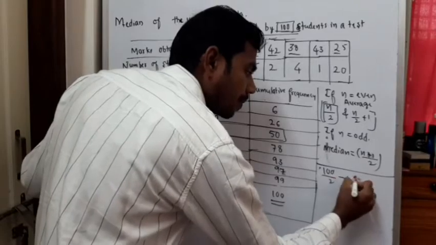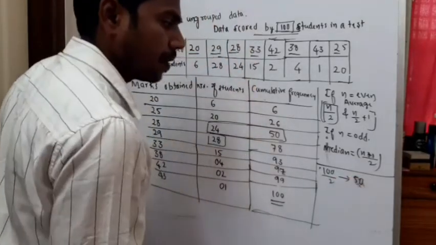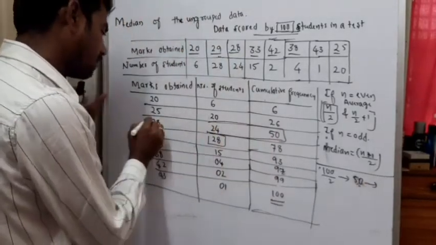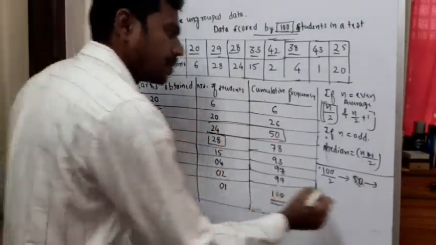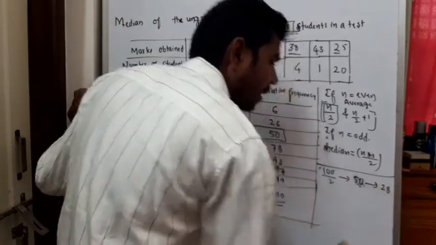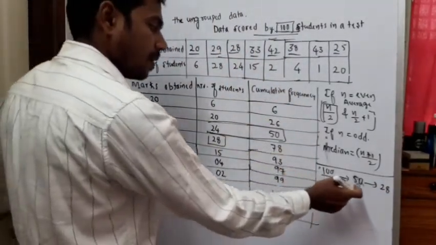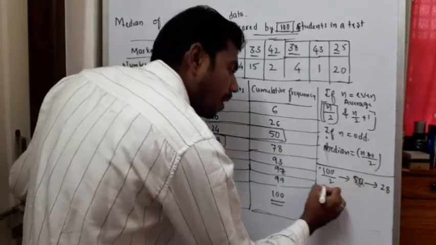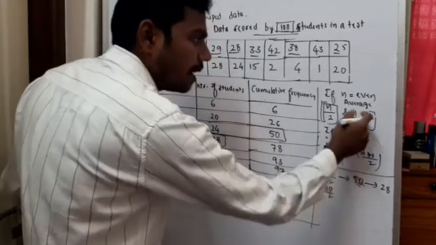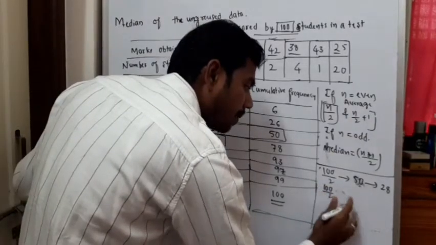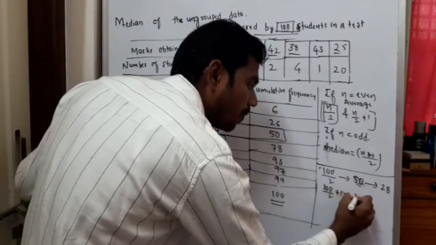Which is the 50th observation? The 50th observation is 28. Next, n by 2 plus 1 is 100 divided by 2 plus 1, which is equal to 51.